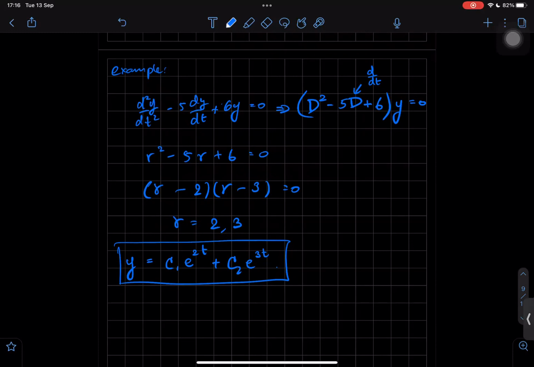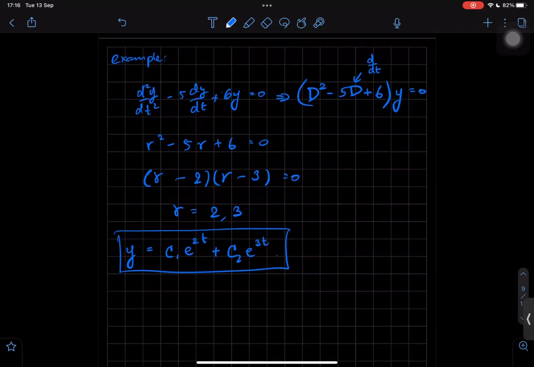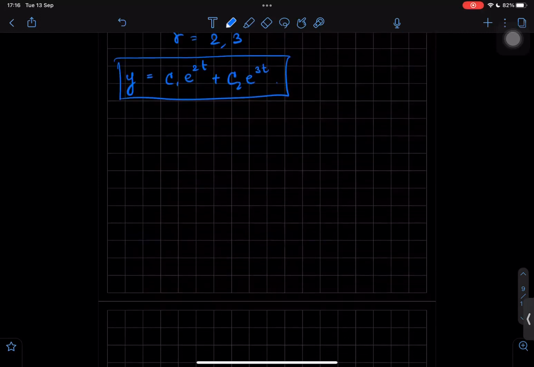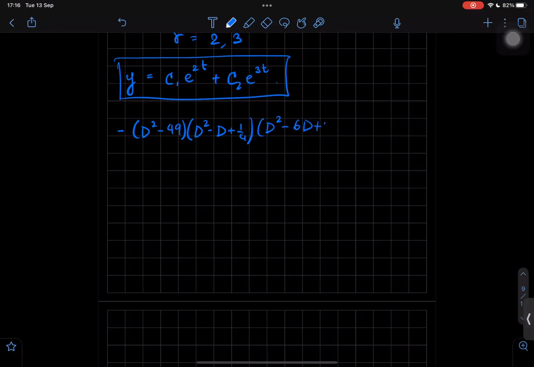So what is good about writing it like this? Sometimes it's very difficult to find the roots, like this example, D squared minus 49, D squared, D plus... equal to 0.